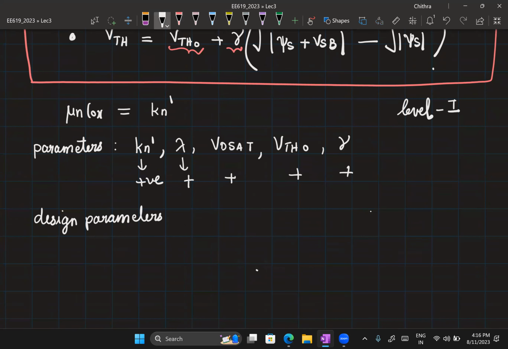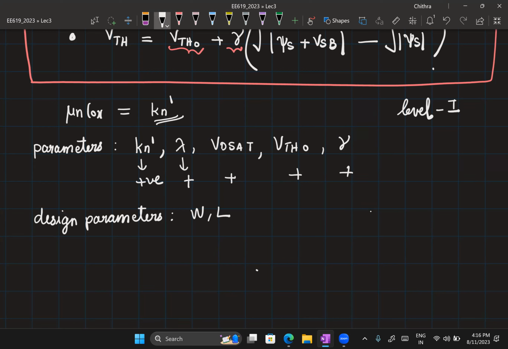So what are the design parameters for us right now? There is width, length, what else? No, TOX is not a design parameter. Mu and COX together has gone under the technology parameter Kn dash.